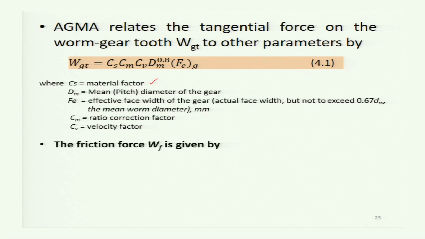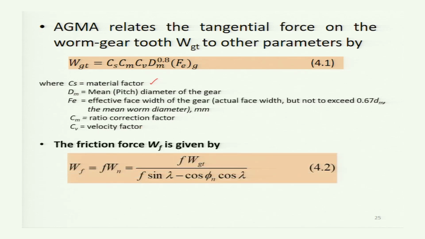The friction force Wf is given by the formula which we had derived. Wf is equal to Fw normal, that is WGT, the tangential force on the gear, divided by the coefficient of friction multiplied by sine of the lead angle minus cos of the normal pressure angle phi n and cos lambda.